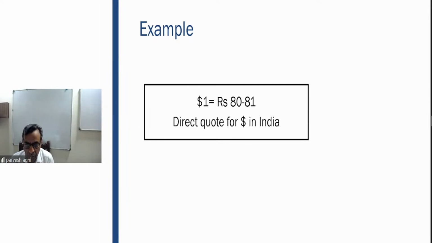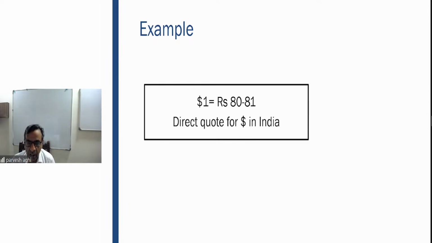Suppose you are going to buy dollar. You look at this rate, how much price are you going to pay? 81. But if you have a dollar with you and you want to surrender the dollar and convert that back into Indian rupees, you're going to get 80. So your buying rate is 81, which is the dealer's selling rate. Look at it from the dealer's angle, it is his selling rate and it becomes your buying rate.